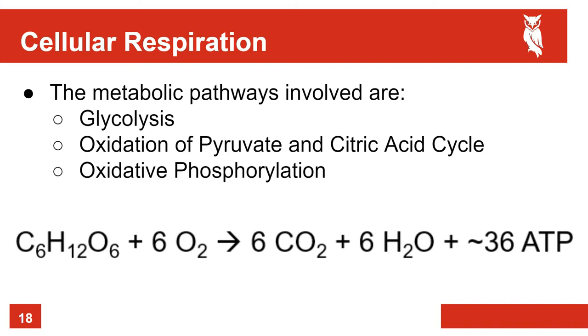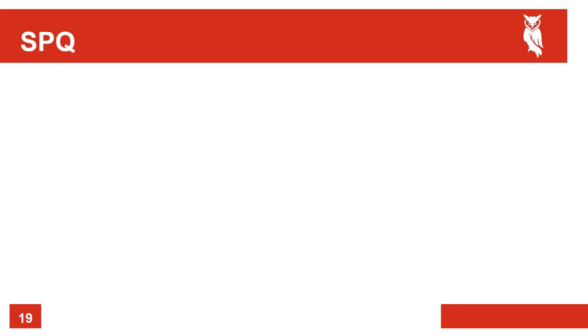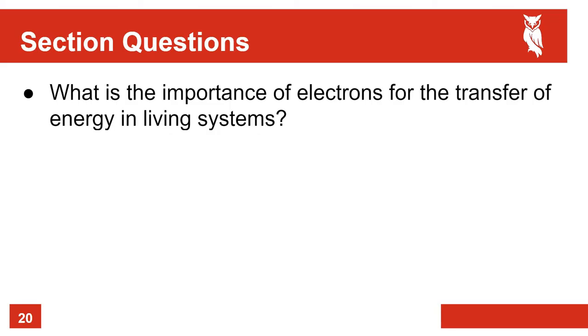Losing electrons. Yeah, it's the movement of electrons, right? And so these processes, the movement of electrons, specifically the movement of high energy electrons, are actually what drive this. So when we talk about cellular respiration, that's why the movement of electrons is so important, because they are usually going to be the ones carrying the energy that will eventually be used to make this. Okay? Make sense? A little bit?